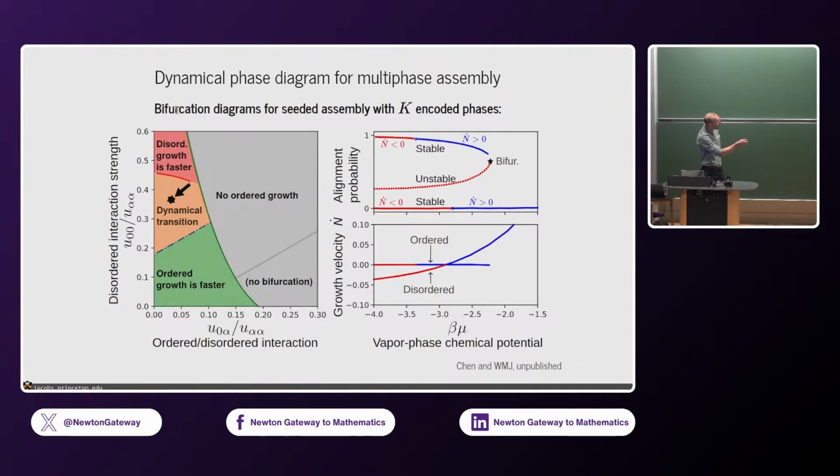One would be any one of our ordered or designed structures, where this would be the seeded state. If we're in the blue regime here, by controlling the chemical potential in the vapor phase, we will have a positive growth rate. But you could also get your disordered state to grow at some other chemical potential, and there is in principle a crossover between these two, where I could have a dynamical coexistence of two different types of growing structures.